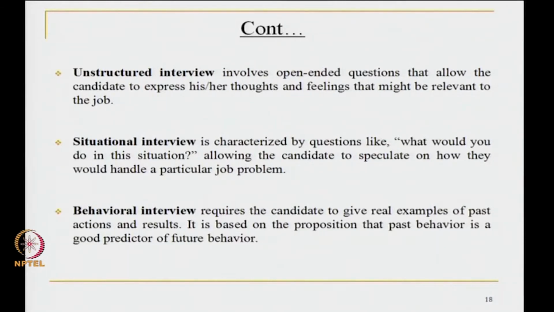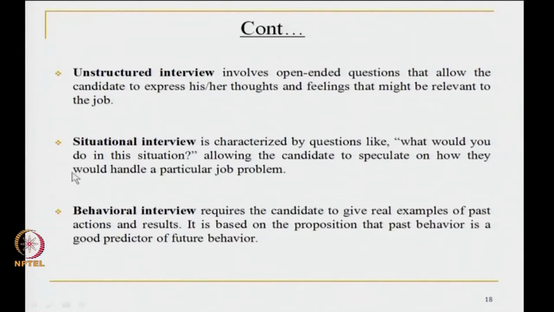In effect, therefore, it is possible to recognize a situation where the pattern of an interview is determined by the orientation of the members who sit on the interview.